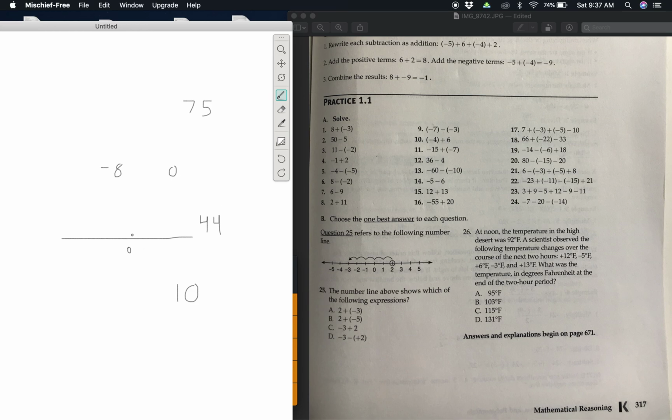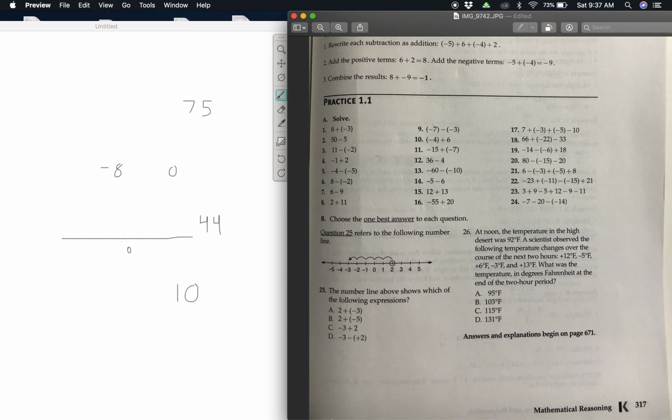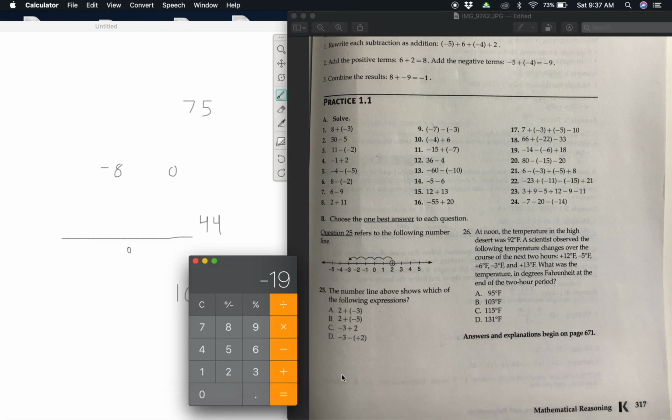Then we keep moving over to complete the 21 spaces. So negative 19 plus 21 equals 2. So we have a 2 right there, and that is your answer to that.